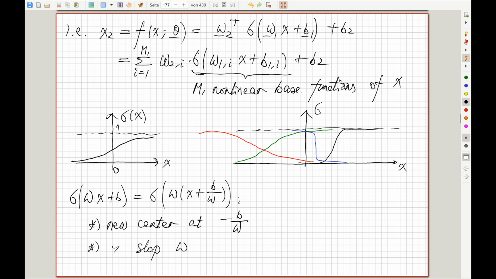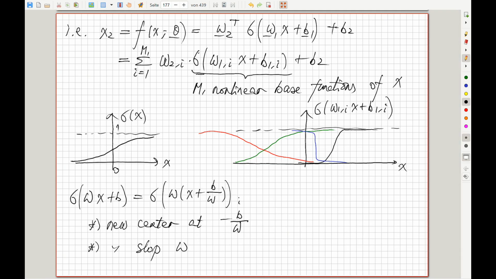So this is actually the activation function sigma of Wi x plus bi. This is not a mathematical proof, but it should give you a feeling for what really happens in this network.